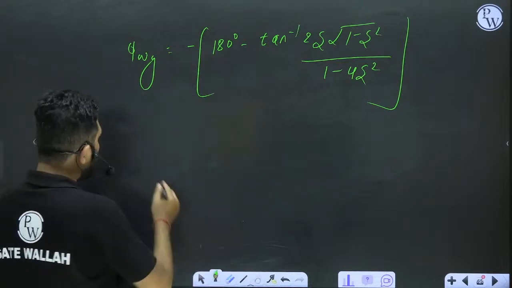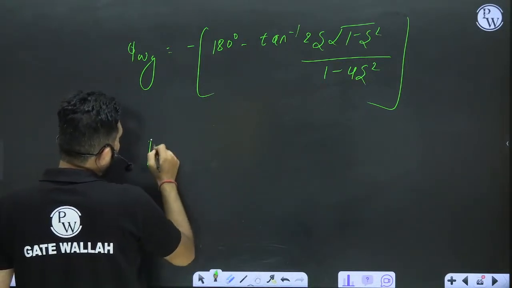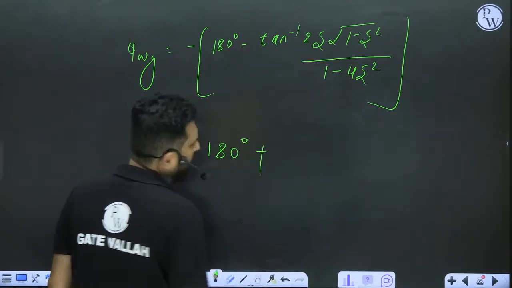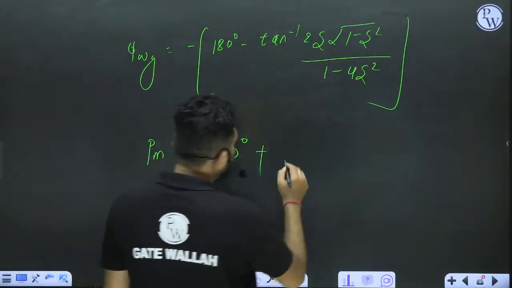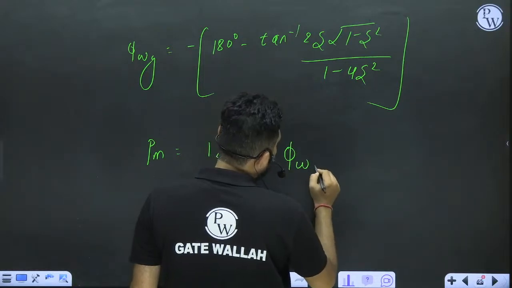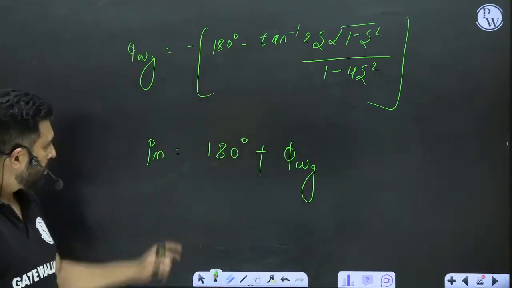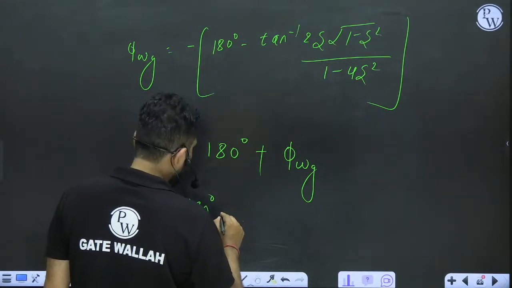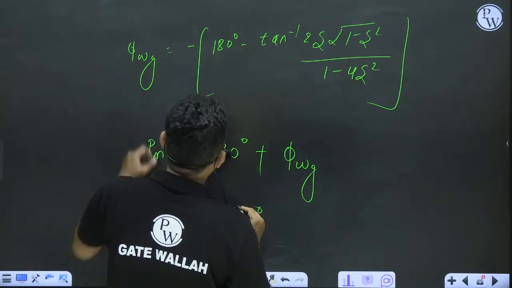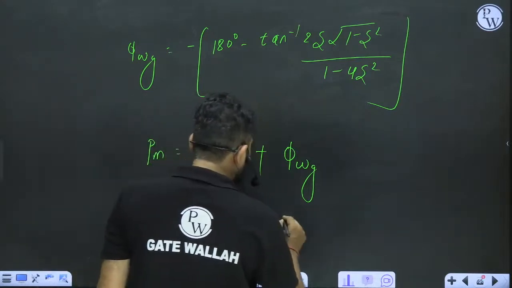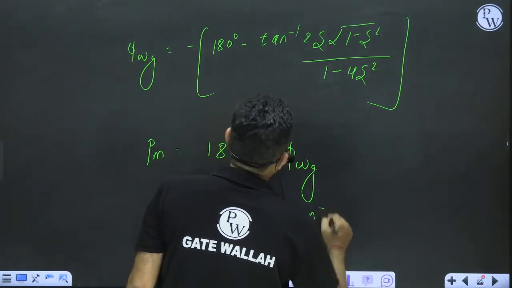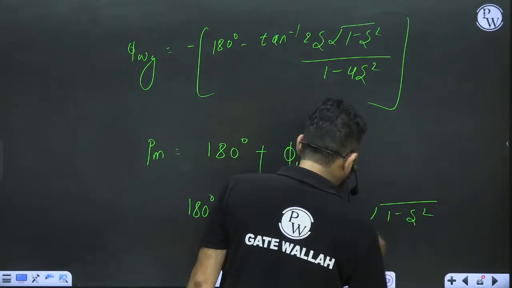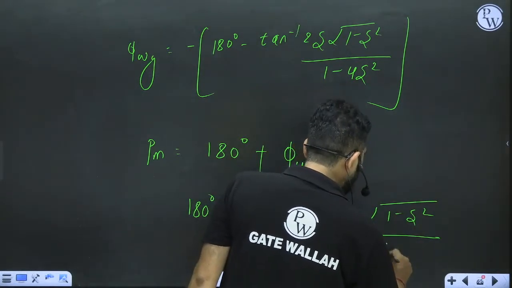But what is phase margin? Phase margin PM is 180 degree plus that phi omega g. So it is 180 degree minus 180 degree, and minus minus plus tan inverse of 2 zeta root of 1 minus zeta square divided by 1 minus 4 zeta square.